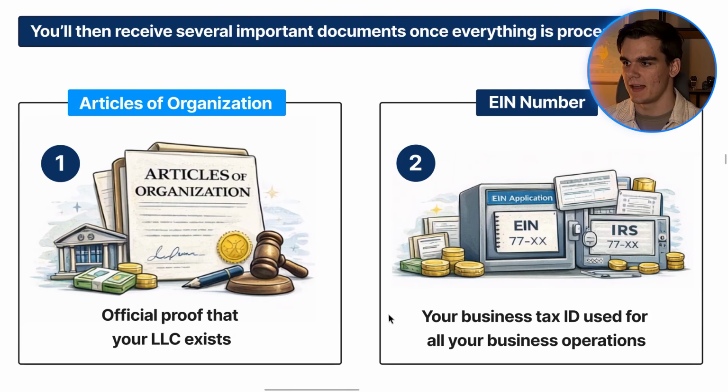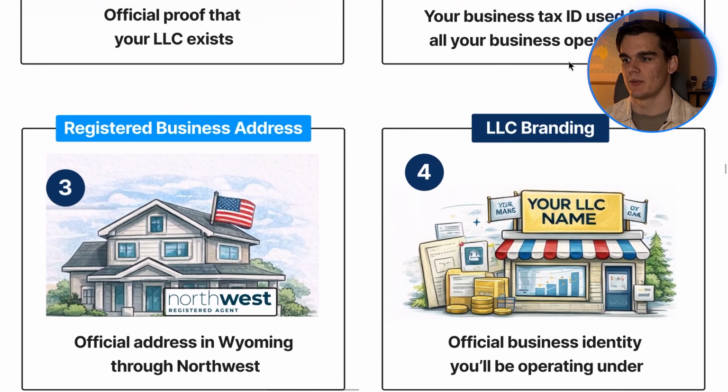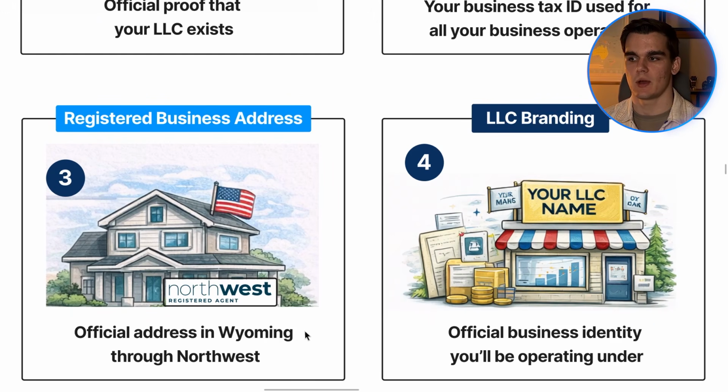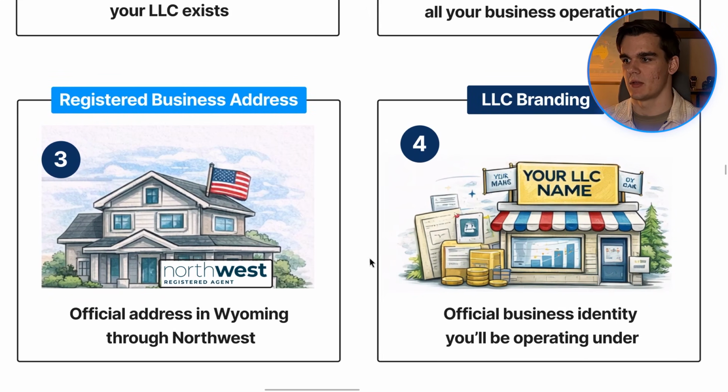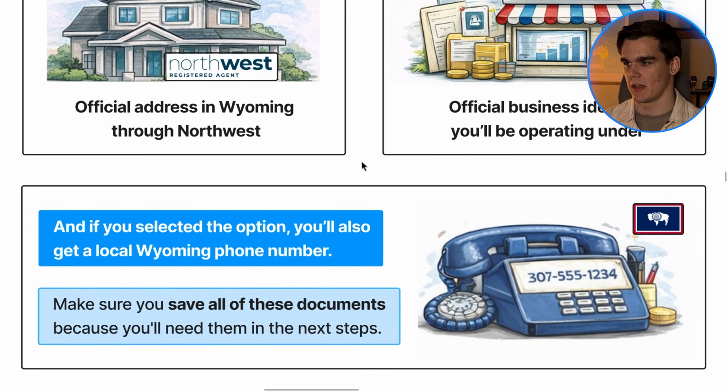This is your business tax ID, which you'll use for all your business operations. You also get your registered business address, which is then the official address in Wyoming through Northwest. Your LLC branding, this is the official business identity you'll be operating under, and if you selected the option, you'll also get a local Wyoming phone number. Make sure to save all of these documents because you'll need them in the next steps.